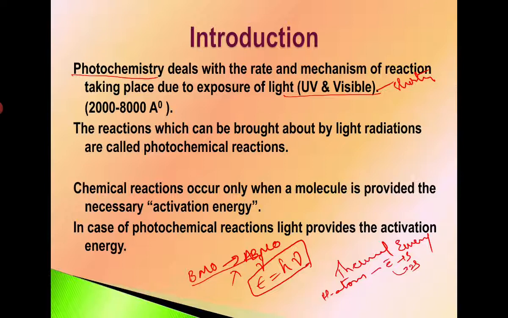Therefore, UV and visible radiations are called photochemical radiations, and these are used in studying photochemical reactions because these radiations are sufficient to excite an electron from lower levels to higher levels, and to split the chemical bond present in the molecules.